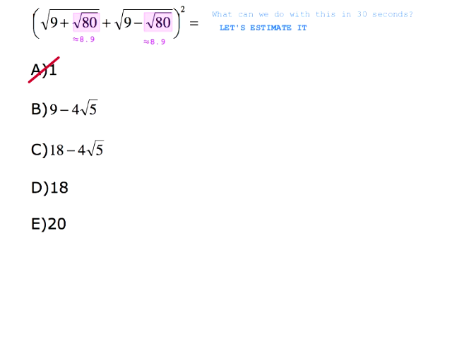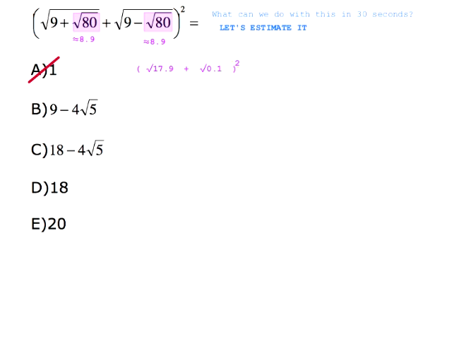So this is going to reduce to square root of about 17.9 plus square root of about 0.1, squared. Okay, now this is where you're like, wow, this is really small.